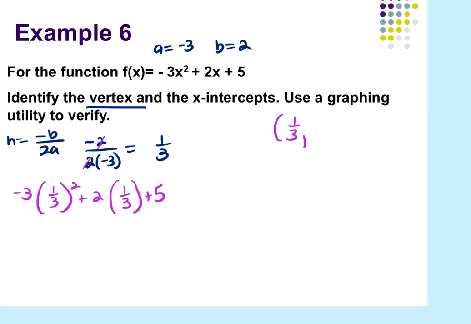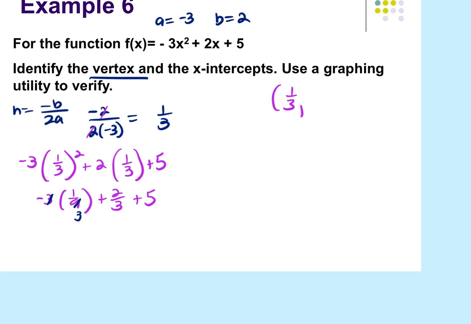What's 1/3 squared? Good. Plus 2/3 plus 5. And then 3 actually goes into 9 here. I can simplify this. It would be negative 1/3 plus 2/3, and 5 over 1 becomes 15/3.